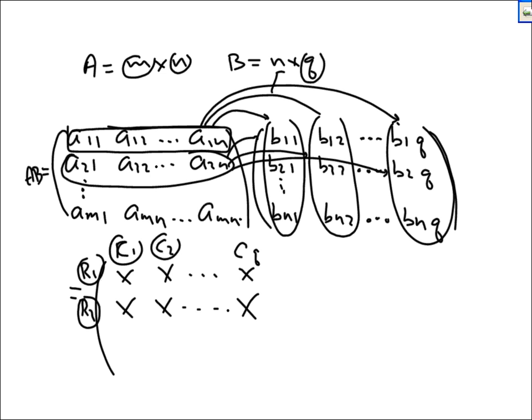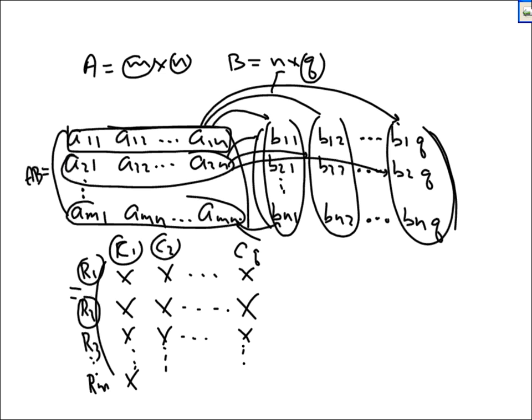And I dot the third row with the first column, the third row with the second column, all the way down to the third row with the Qth column. And then eventually I'll get to the last row, row M. And I'll dot row M with the first column, and I'll dot row M with the second column, all the way up to row M with the Qth column.